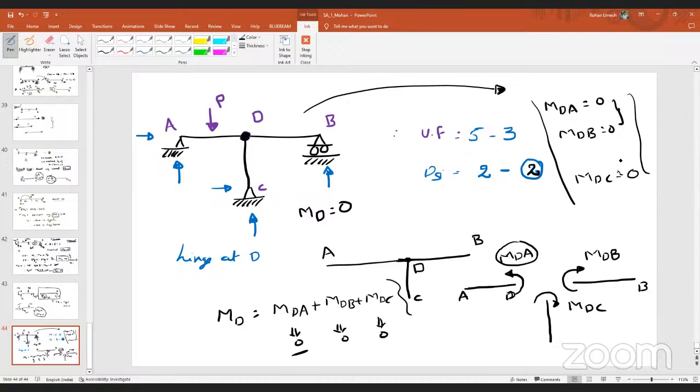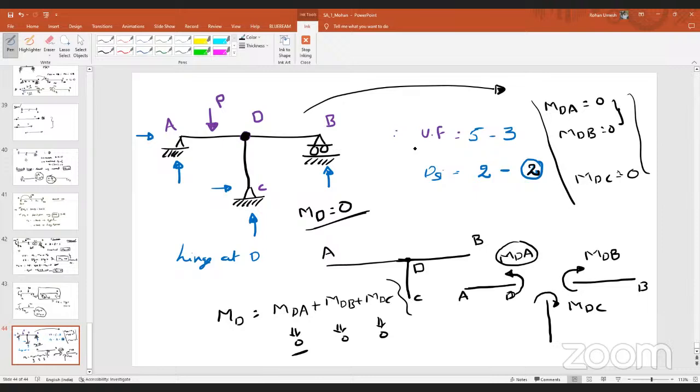Why? Because moment in the hinge is 0. At point D, moment is 0. That means if any two moments at that point are 0, then obviously what about the other one? That will automatically be 0, isn't it?